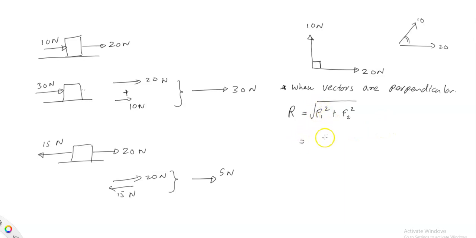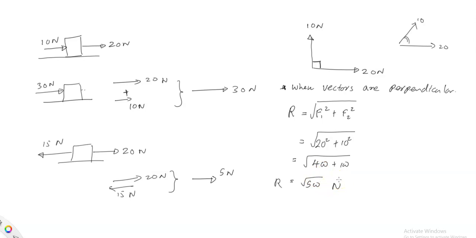So in this case it will be the square root of 20 squared plus 10 squared. 20 squared is 400, 10 squared is 100, so square root of 500. That's the resulting final total sum of the two vectors. So square root of 500 newtons.